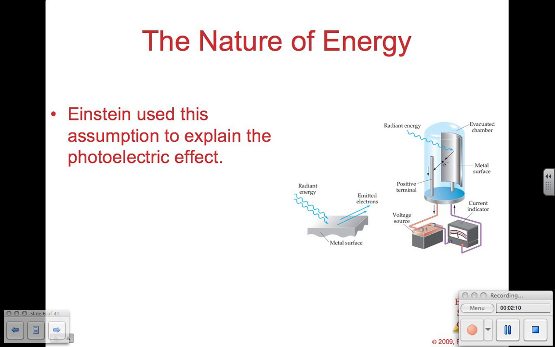In the first image on the left, you've got a metal surface and radiant energy coming in, let's just say sunlight. It comes in contact with the metal, and then you have electrons being emitted off. Electrons are coming off of that surface. So there's something going on there, which was called the photoelectric effect.